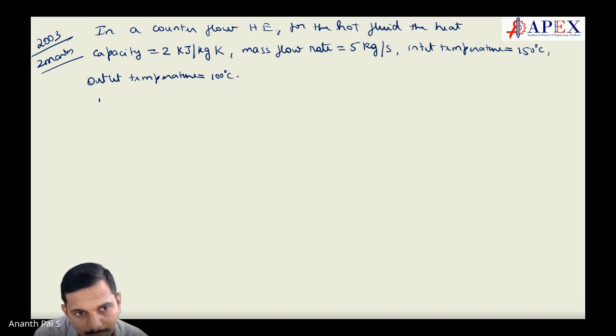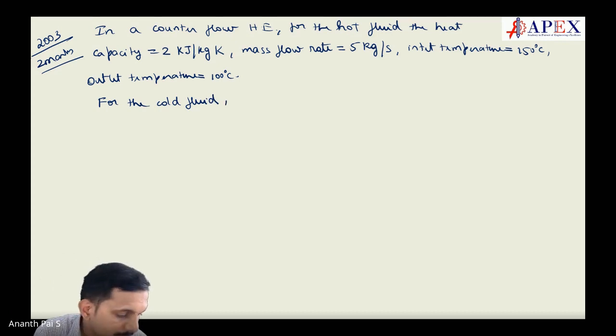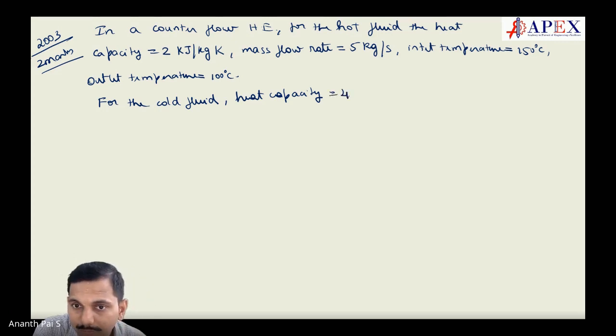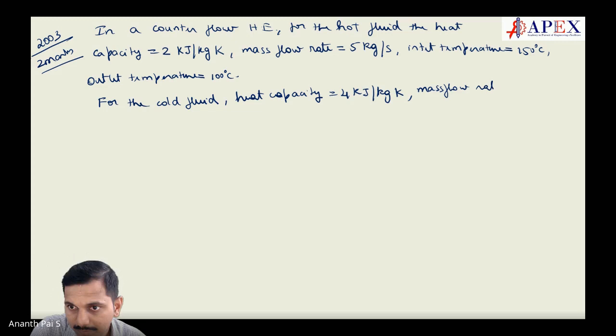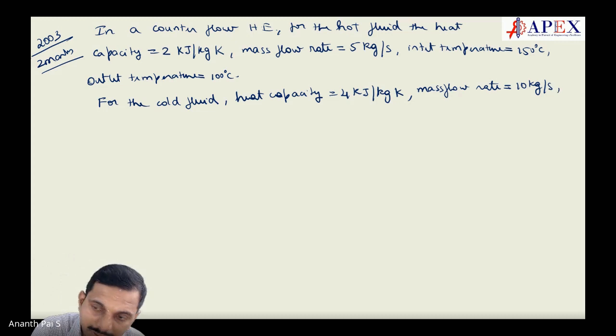For the cold fluid, heat capacity equals 4 kilojoules per kg Kelvin and mass flow rate equals 10 kg per second.